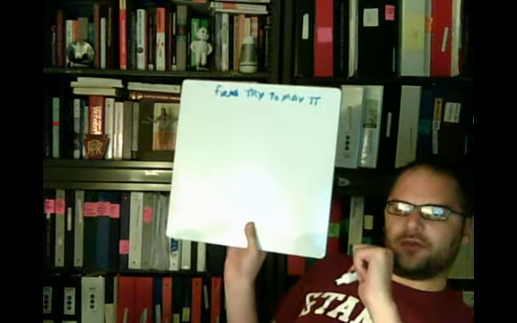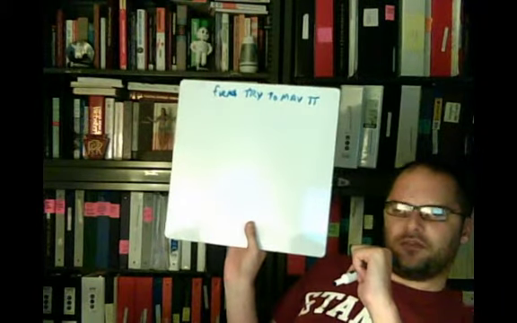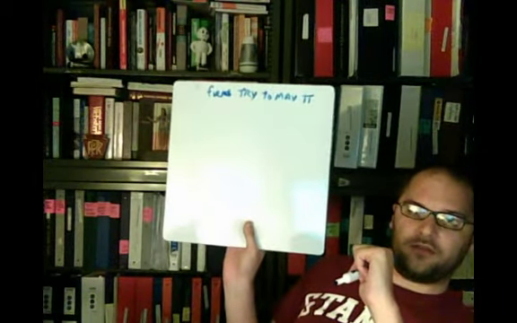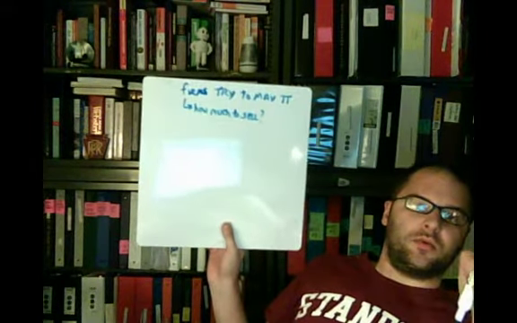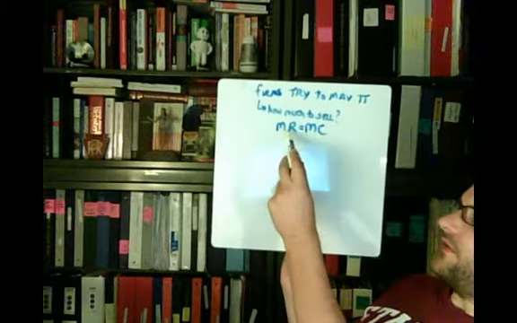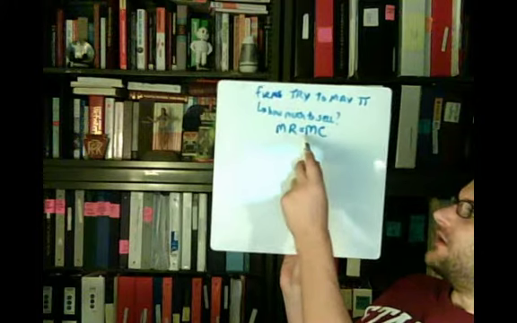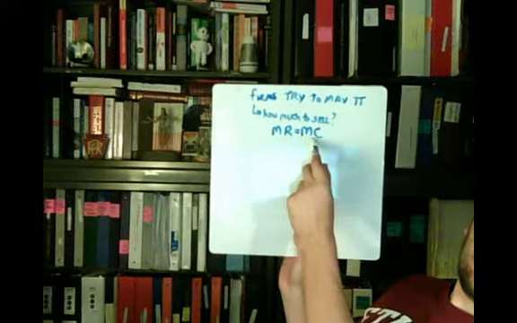So if firms are trying to maximize profit, the question is, how much do they have to sell to maximize the profit? Well, there's a rule for that, fortunately. And that rule will be where marginal revenue is equal to marginal cost. Or where the slope of the total revenue curve is equal to the slope of the total cost curve.